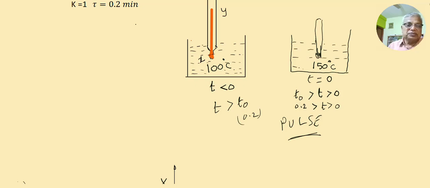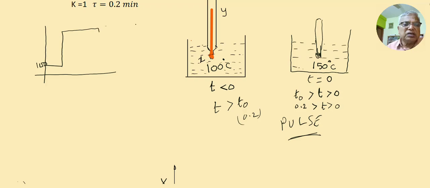How will it look? If you plot small x, it varies from 100 to 150 only for 0.2 minutes and then goes back to 100.